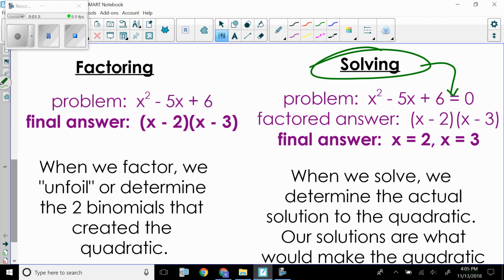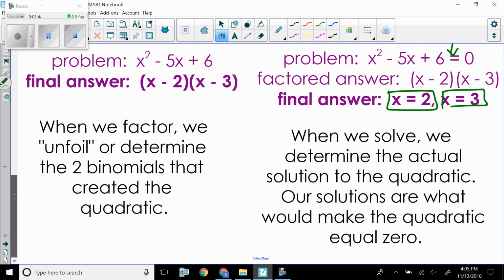Because there's an equal sign, I can get answers to the problems here at the end. Because these are answers, these should work inside the original equation.